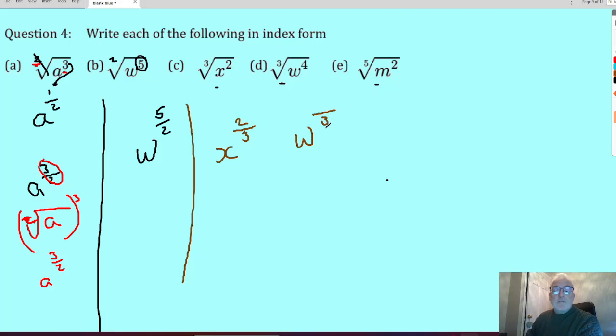That becomes the 3 on my denominator, and then I've got the 4 on the numerator. So I've got 4/3, 4 divided by 3. And on the last one, I've got m as my base. I'm doing a 5th root, and I've got a square on the top. So that's like saying I'm squaring it once I've 5th rooted it. Hopefully that makes sense.